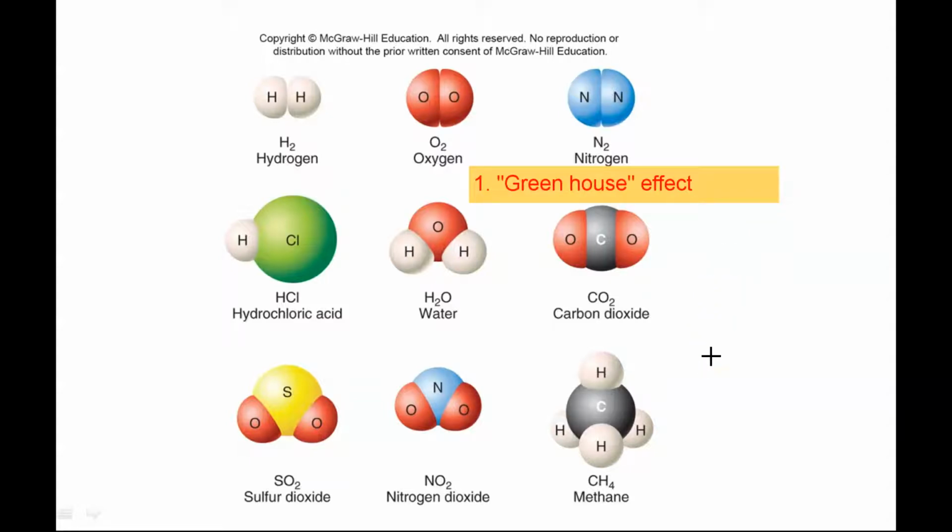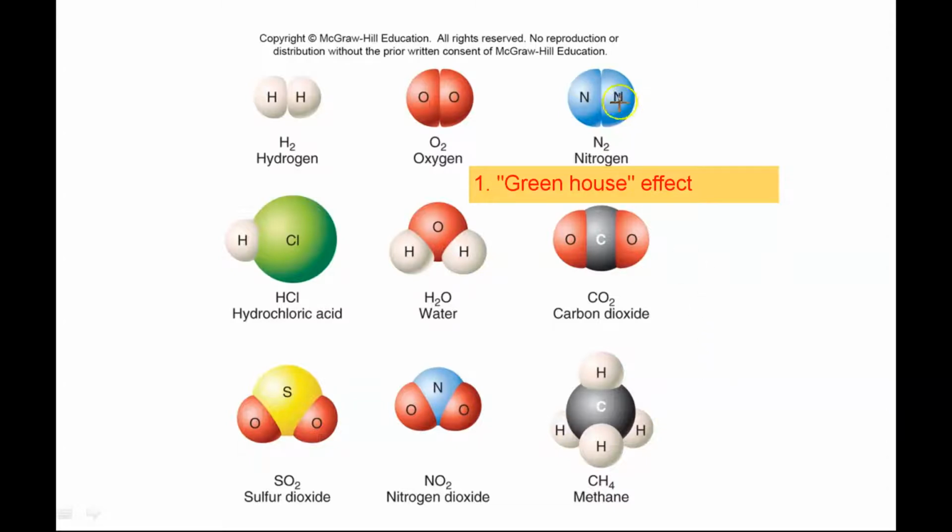Well, the sun delivers warmth to the planet. The sun rays warm up the surface of the planet first. The air is then heated from the surface of the planet, right? And in our air, we have different molecules.